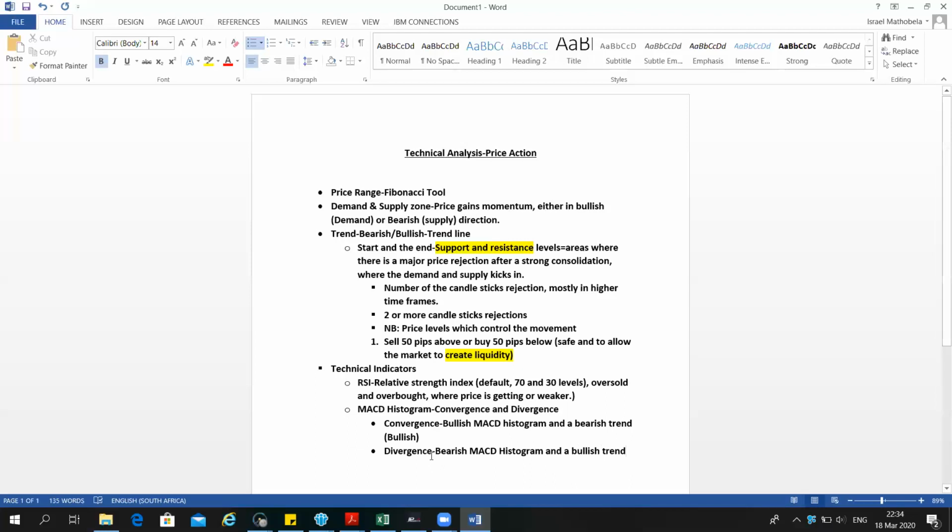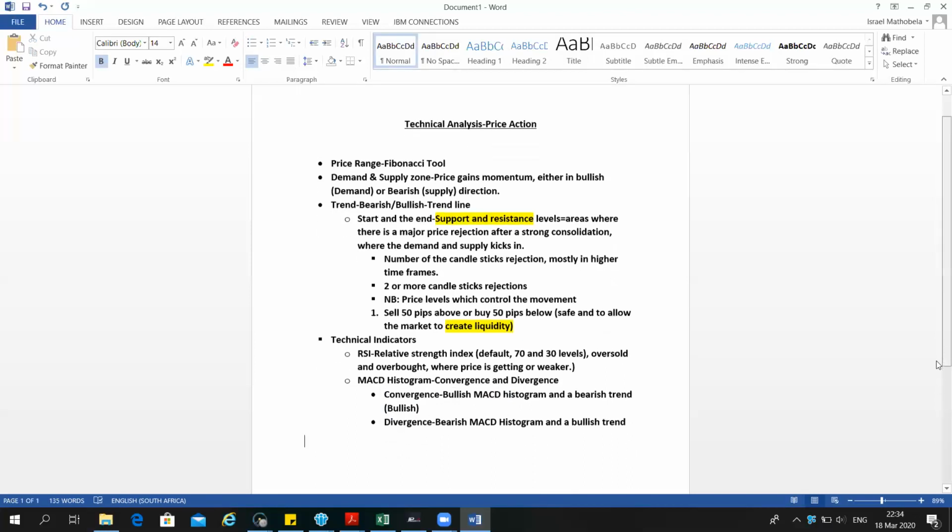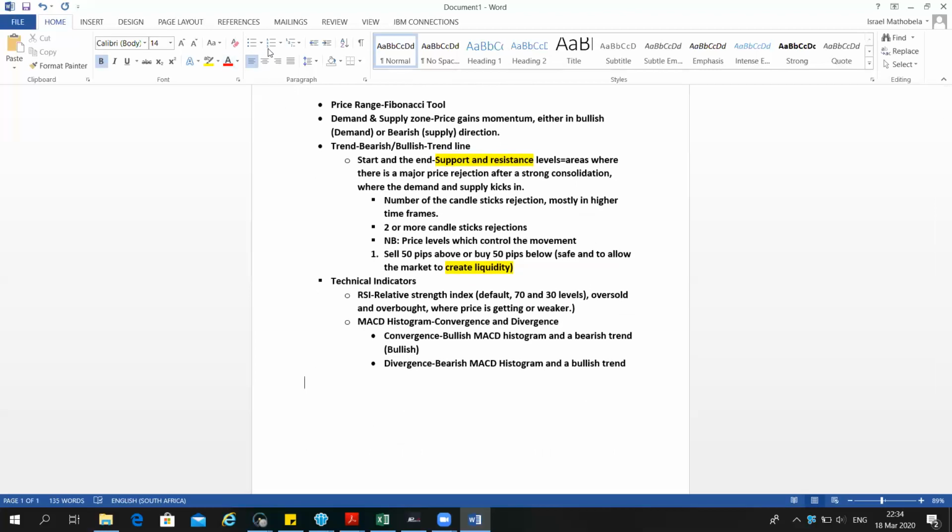Otherwise, you can have bullish divergence or bearish divergence just to avoid using convergence and divergence. So it's easier that way, right? So I will show you in a real application so that you can understand, right? So these are all the technical indicators that I would advise.